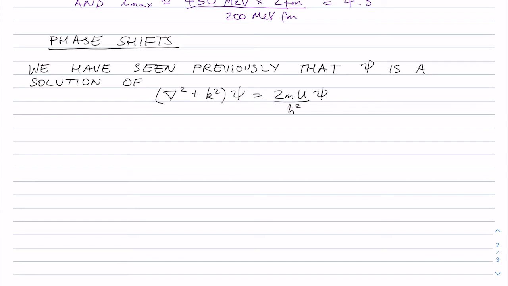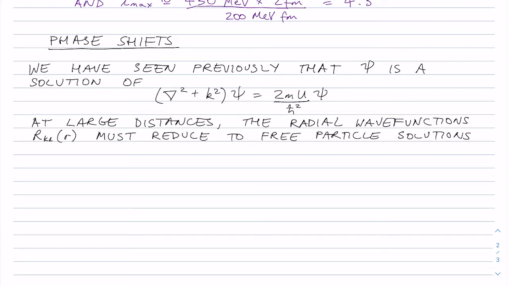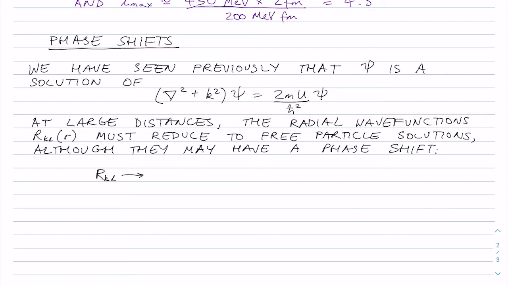In the previous video, we saw that the wave function must be a solution of this Helmholtz-like equation with a source term on the right-hand side that involves the solution itself. And we've also seen that at large distances, the radial wave functions must reduce to free particle solutions, although they may have a phase shift. Remember, this is just the limit of the spherical Bessel function at large r.